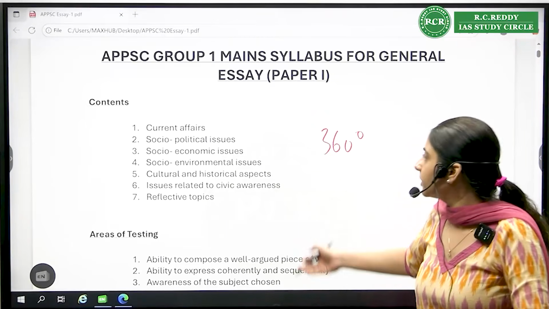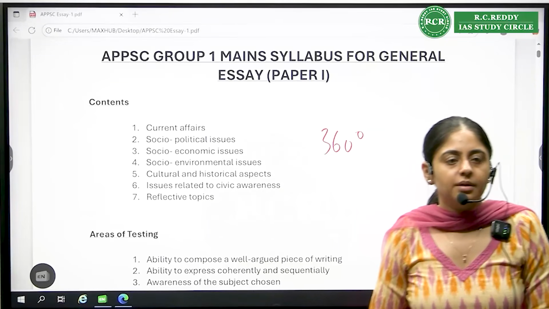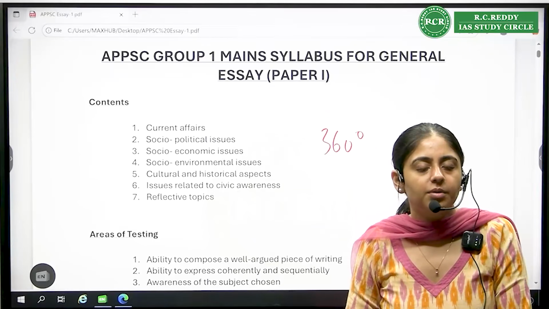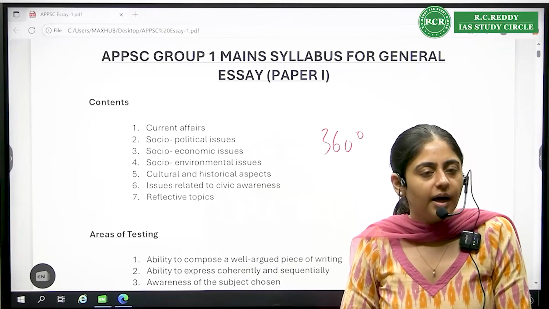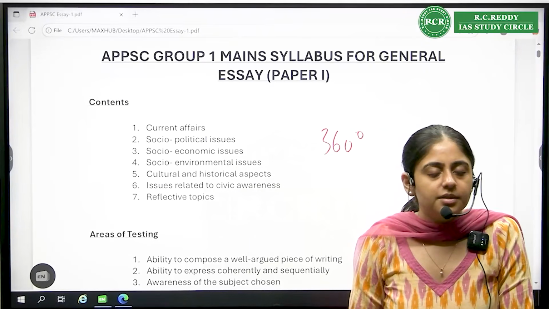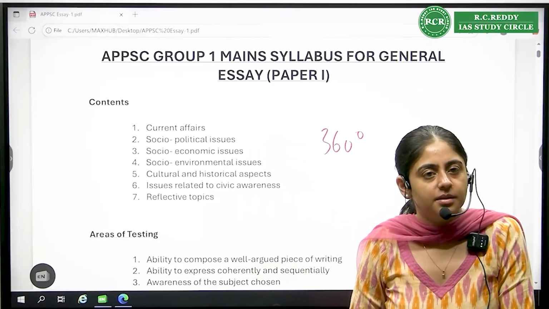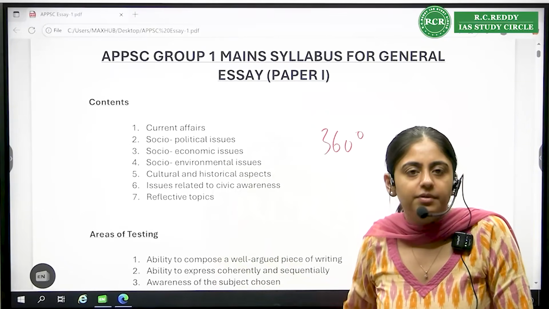Because they have clearly written here, awareness of the subject chosen. Whatever topic you're choosing, they're expecting full awareness about the in and out of that subject, topic. And if you don't have enough content, please don't choose it. That is why beforehand, pick up certain areas, because they're not going to ask all the 7 topics.